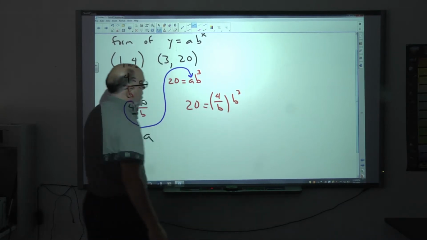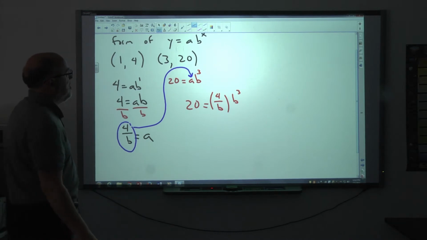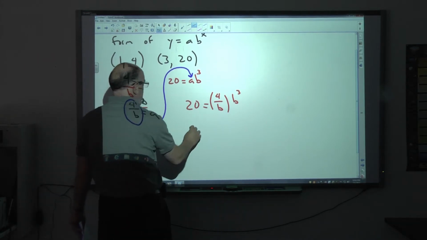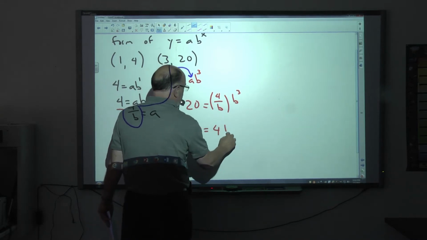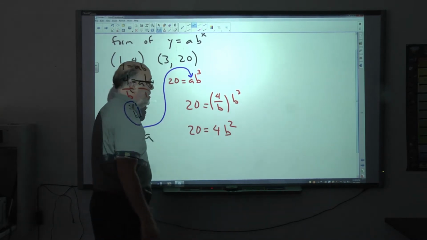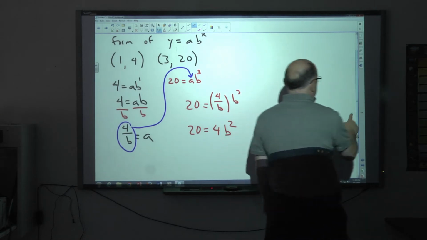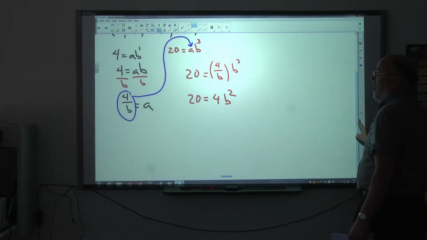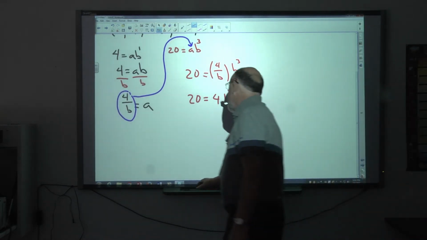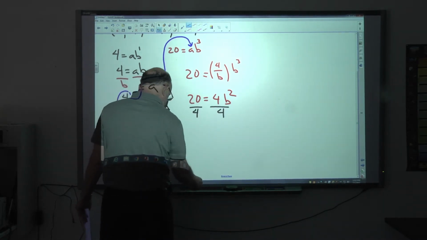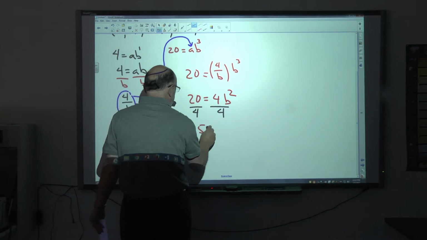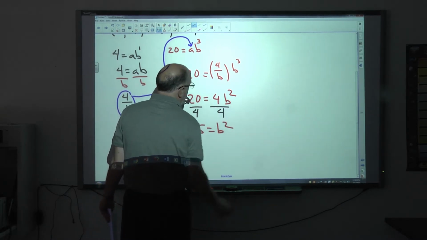Now we take this equation and solve for b. So 20 equals b cubed divided by b, which gives us b squared times 4. Now we can solve for b, so we divide by 4. 20 over 4 is 5, so 5 equals b squared.